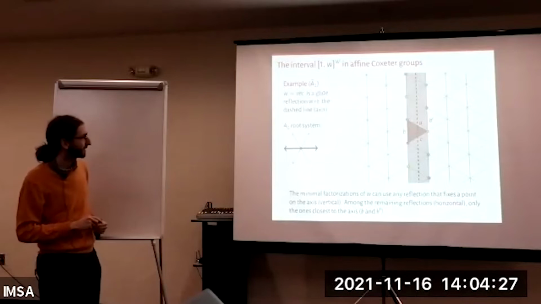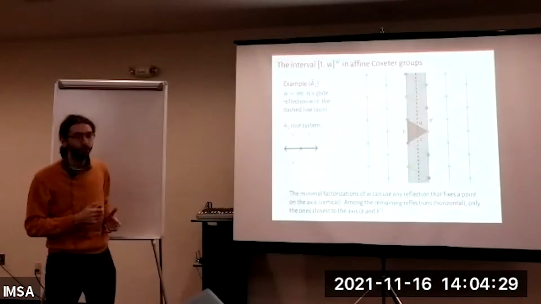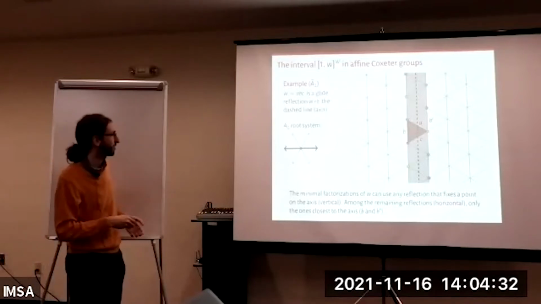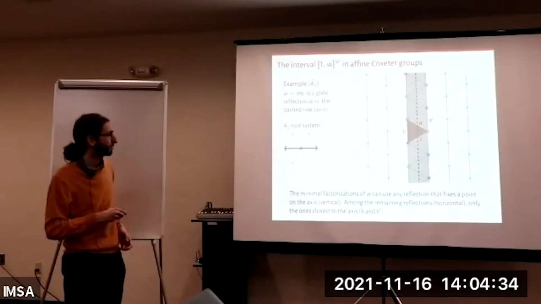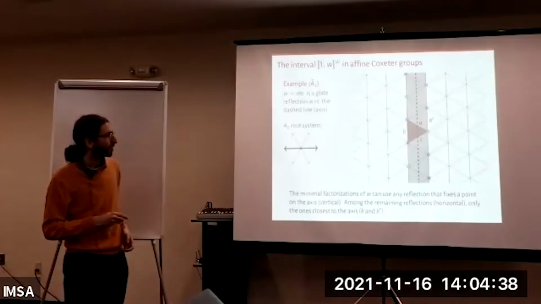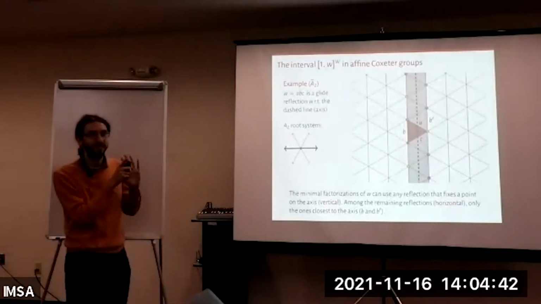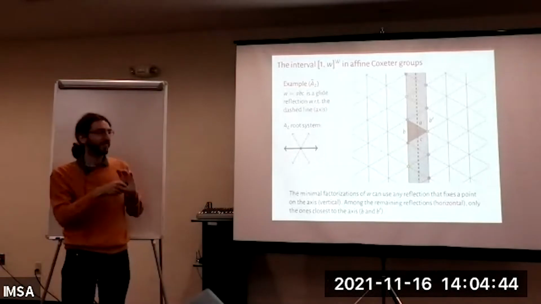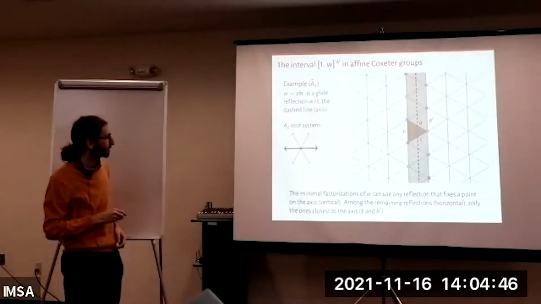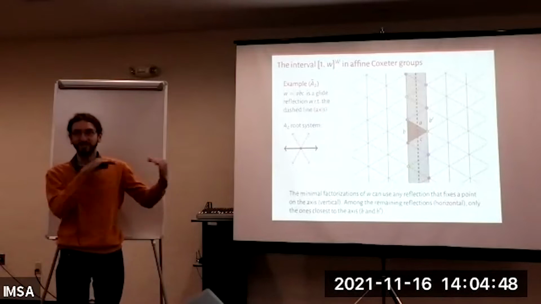The reason is that the orthogonal vectors, which are roots in the root system, so the ones orthogonal to the hyperplane that do not cross the axis are horizontal. So horizontal refers to these two vectors being horizontal.